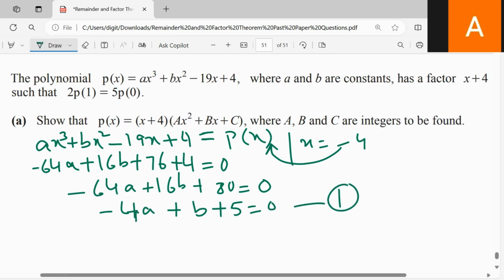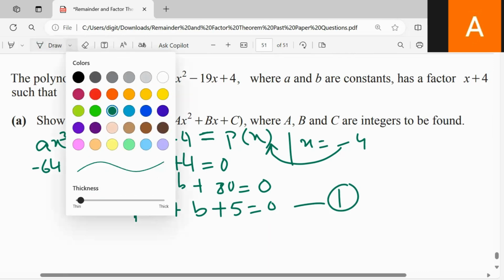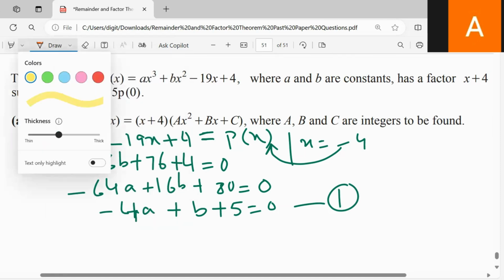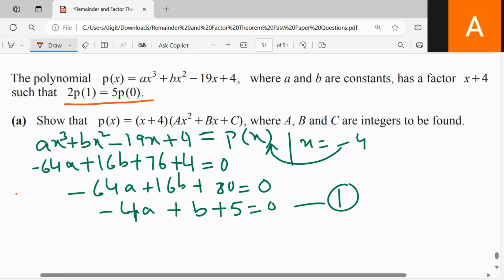Now you will make the second equation by using this condition, 2p1 is equal to 5p0. 2p1 means you replace x by 1 in this equation. When you substitute x equals 1, your equation is a plus b minus 19 plus 4 is equal to 5 times p0, which means you substitute 0 in this equation.